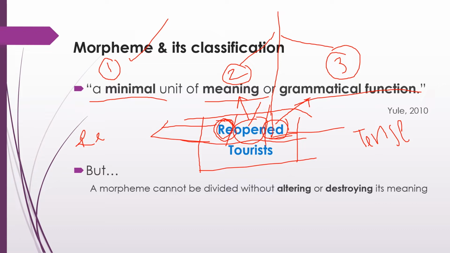And the first condition refers to the minimal unit. So what is minimal unit you are referring to? For example, we have this particular word open. If you have a segment of this particular word open, or morphological unit open, we can separate it like op plus en or o plus pen. But whenever you separate these things, the meaning will be changed.